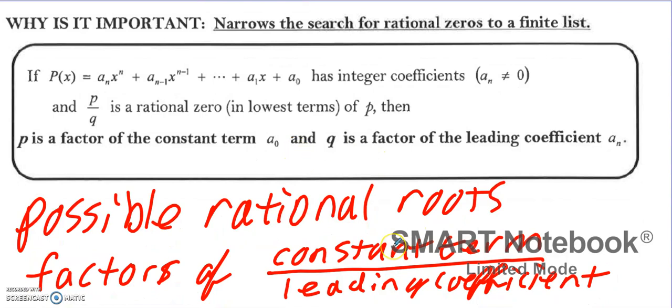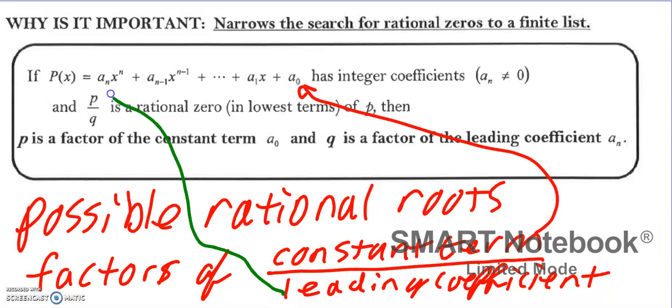And the constant term, that's always the term that has no x with it, or no variable. The leading coefficient, that is the term in front of the x with the highest degree. That's what our possible rational roots are.